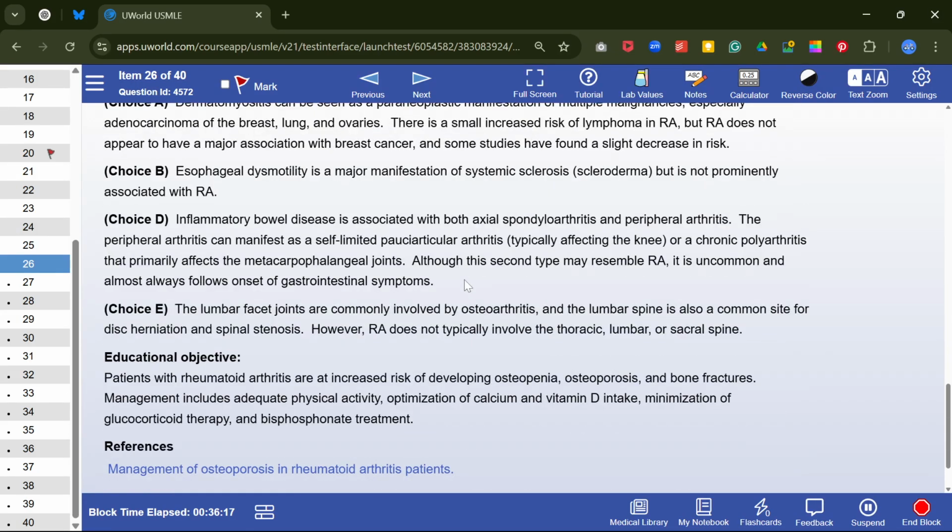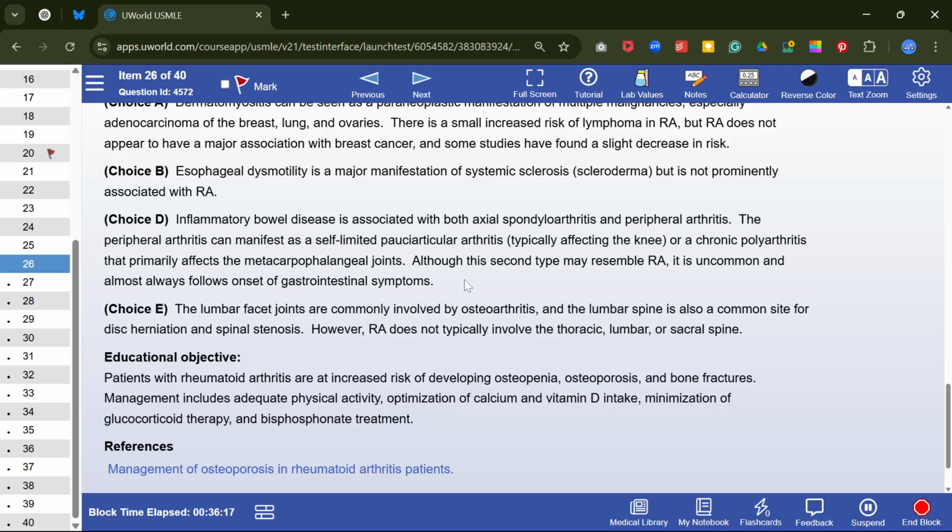Inflammatory bowel disease is associated with both axial spondyloarthritis and peripheral arthritis. The peripheral arthritis can manifest as a self-limited pauci-articular arthritis, typically affecting the knee, or a chronic polyarthritis that primarily affects the metacarpophalangeal joints.